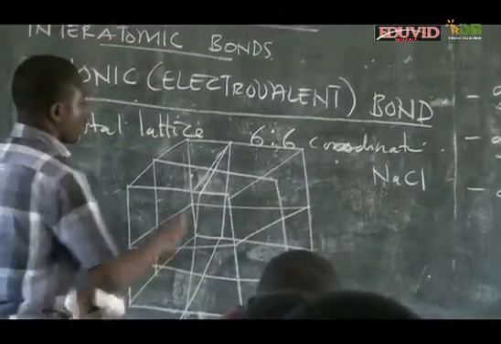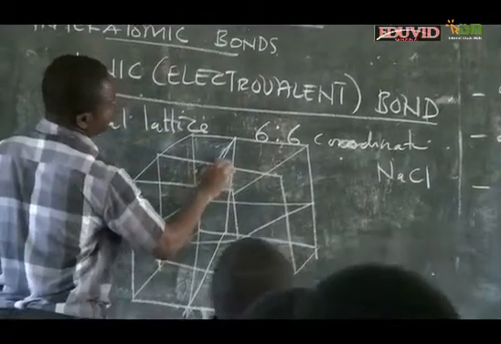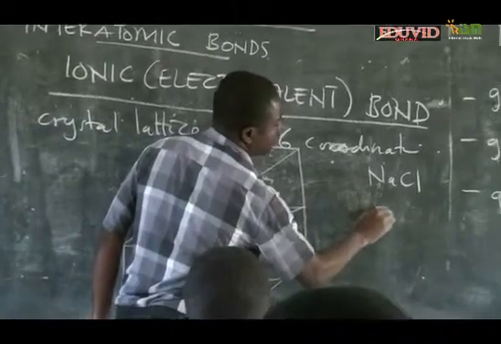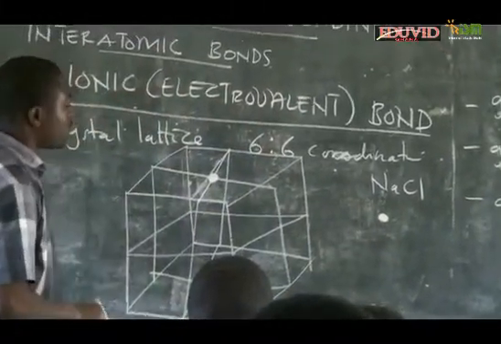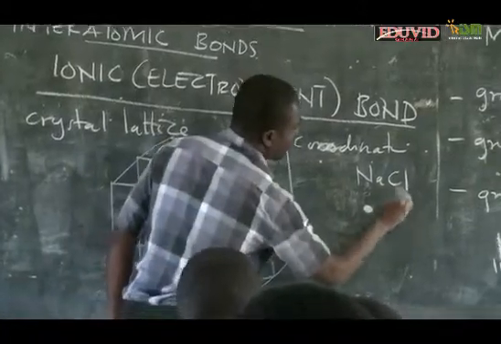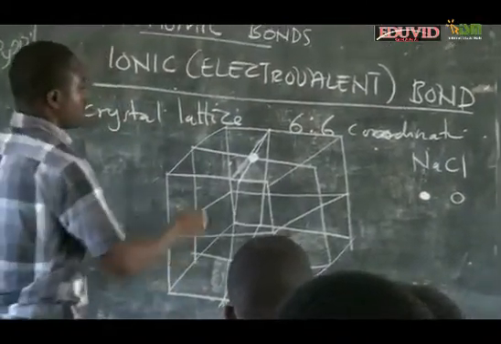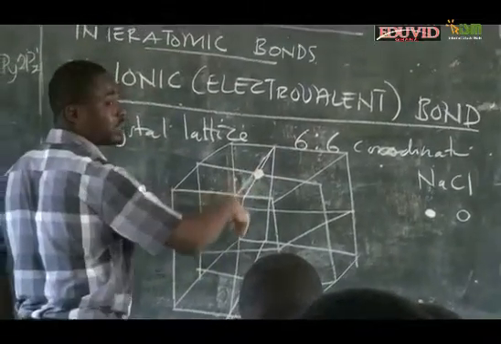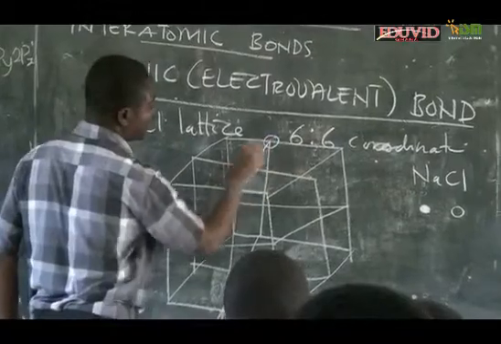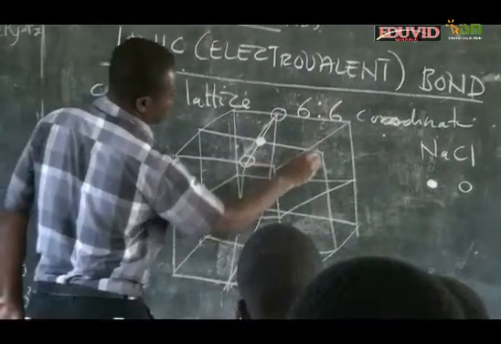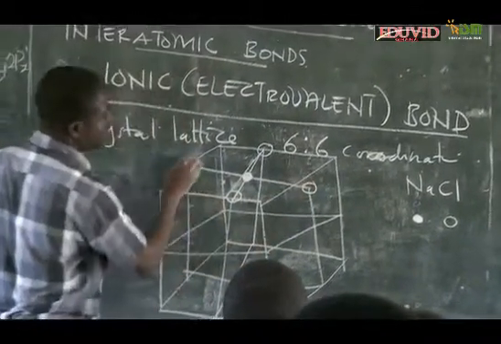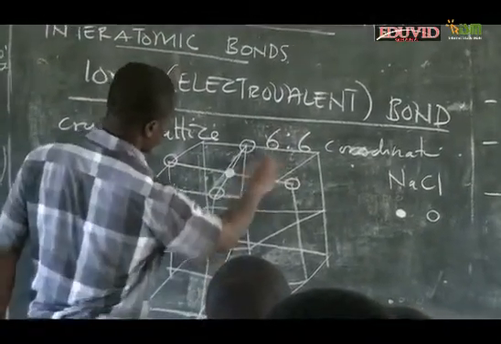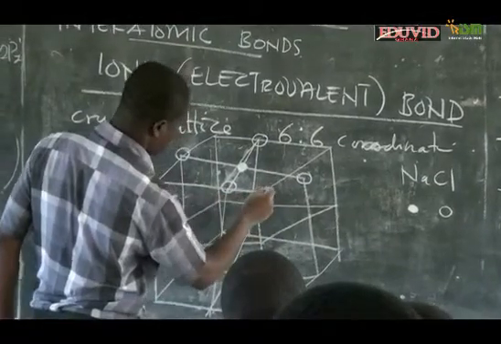Let's say the solid bullets refer to sodium, and the hollow ones refer to the chloride ions. It means that if it's a 6-6 coordination within the crystal lattice, you expect the sodium ion surrounded by 6 chloride ions. That's 4, right? Yes, 2 more. This way.